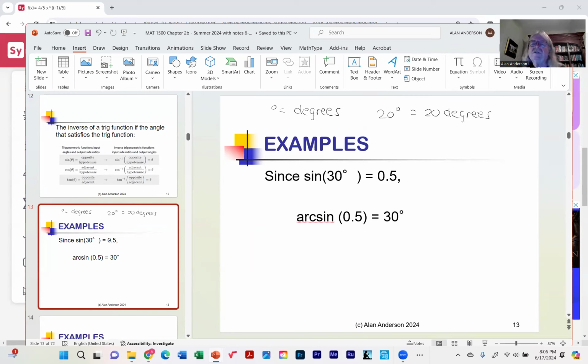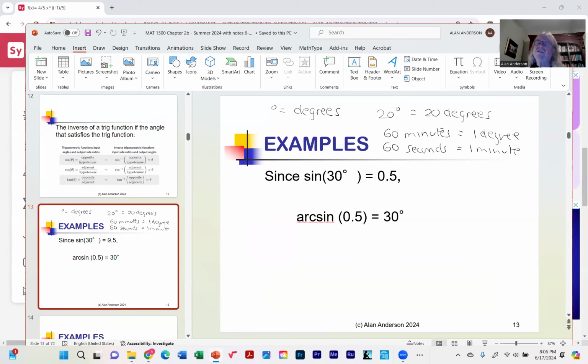And you also recall that degrees can be broken down further. There are 60 minutes in a degree, and there are 60 seconds in each minute.